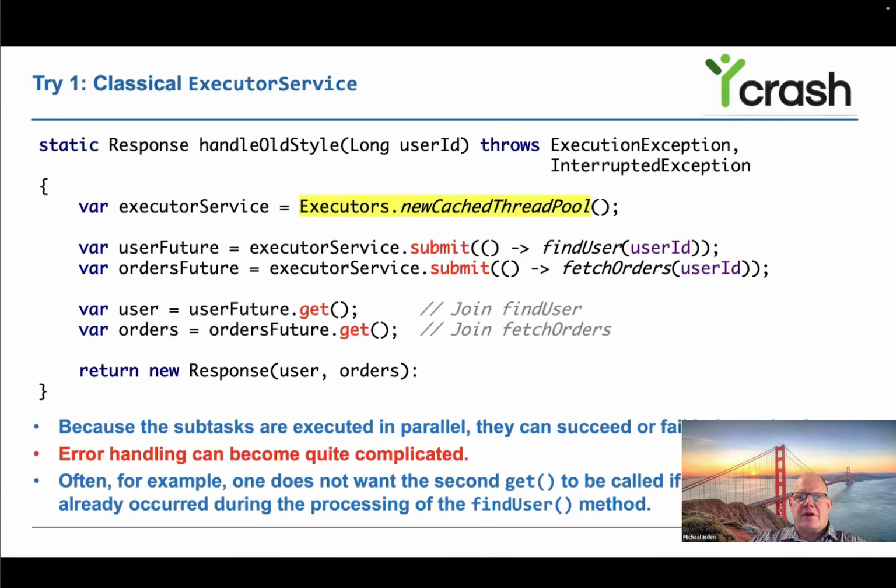But if it comes to error handling, if you want to quit asking for the orders if the user future, this find user, raised an exception, then things get complicated. So this is not the best.